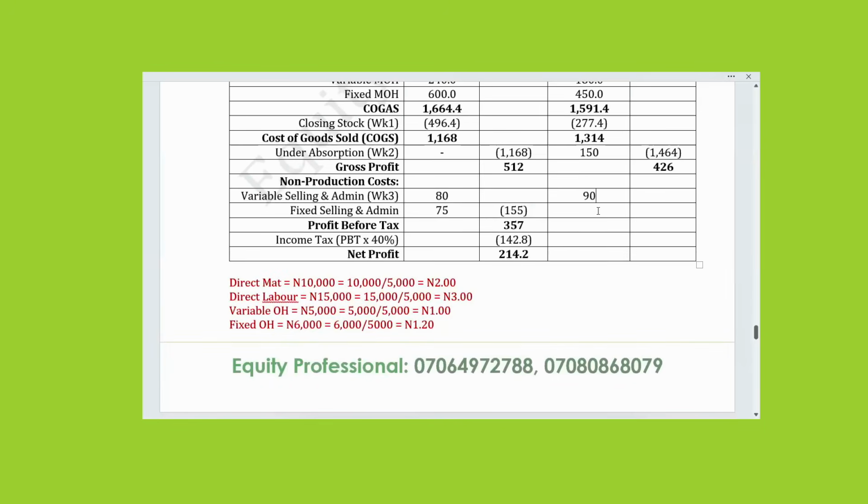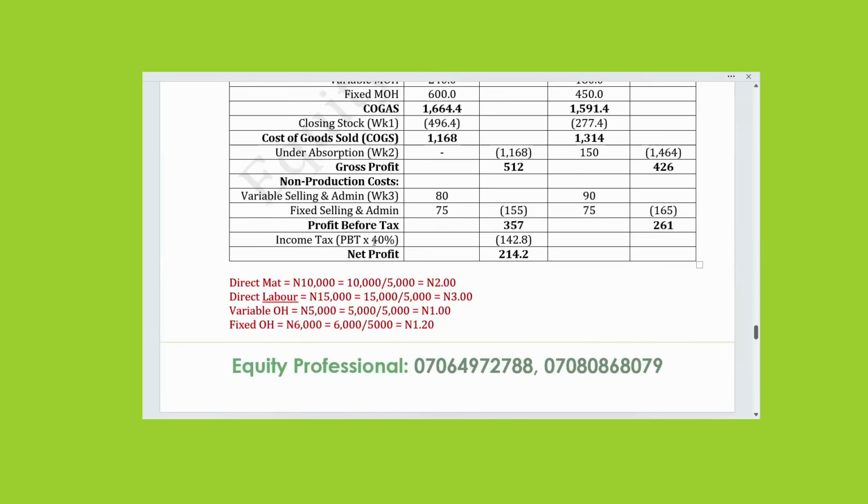Fixed selling and admin is 75,000. It is constant. So you add the two together, that's 165. 426 minus 165. Festus, what do you have? 261. Okay, so that gives profit before tax.